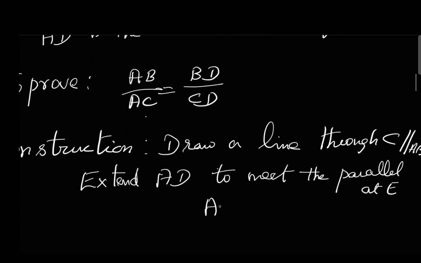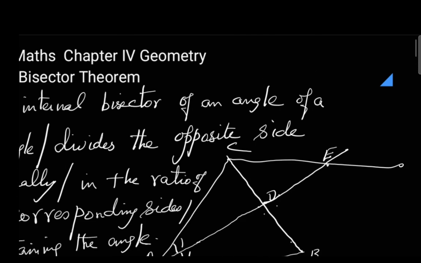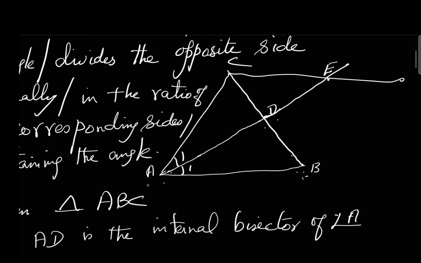We can say that AB is parallel to CE. Okay. Now let us come to the proof. So you have to learn one by one. First, draw a line through C parallel to AB. Second point is extend AD so that it meets the parallel line at E.